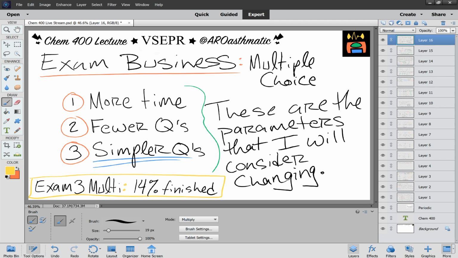It'll definitely be hosted through Canvas, but the specific parameters, as I was talking about on this slide, whether it's more time, fewer questions, simpler questions, will definitely be tweaked for the exam 3 multiple choice.